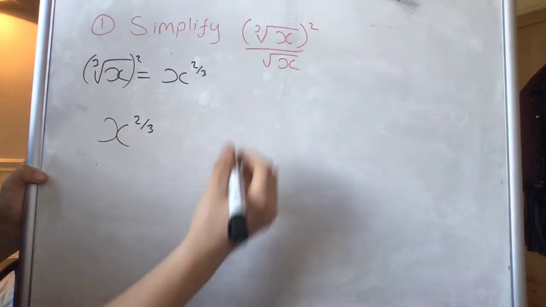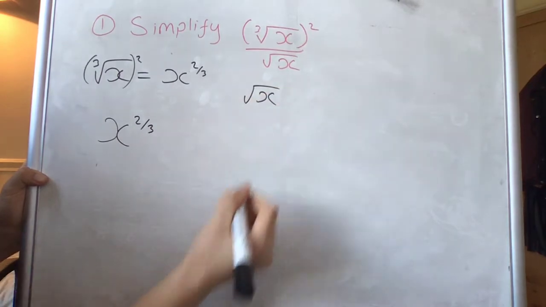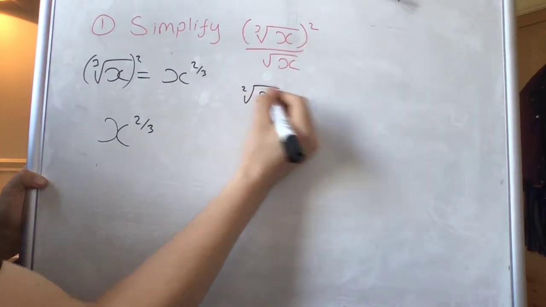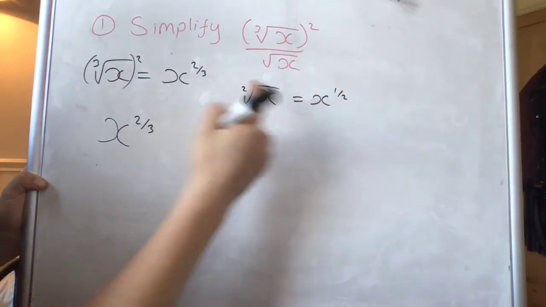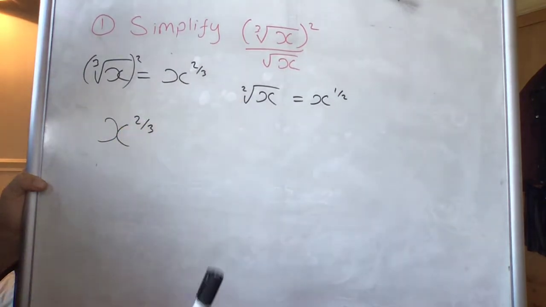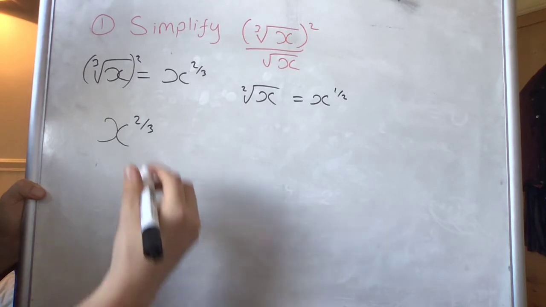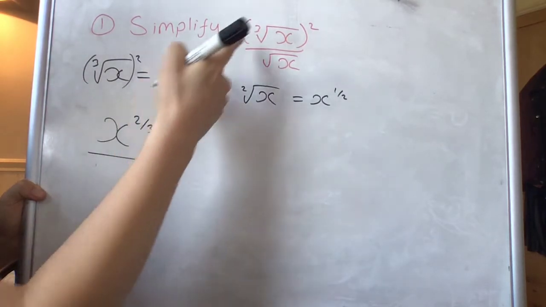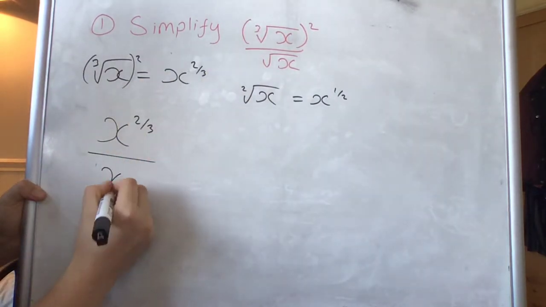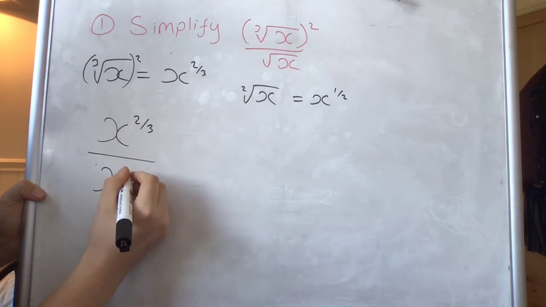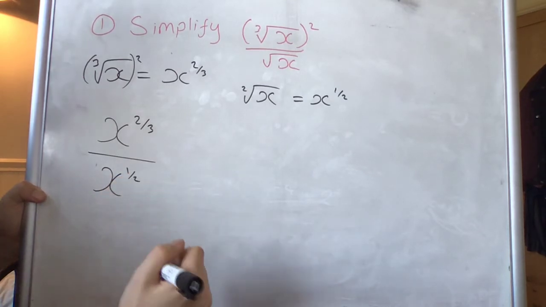And then if we have the square root of x, that is the same as saying x to the power of a half, because we've got a 2 here, and that is the same as what is in our denominator. So we can express this equation as x to the power of 2/3 over x to the power of a half.